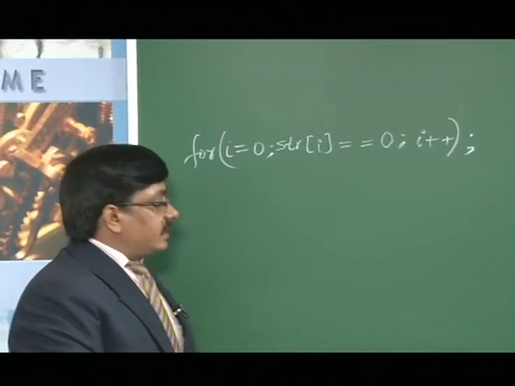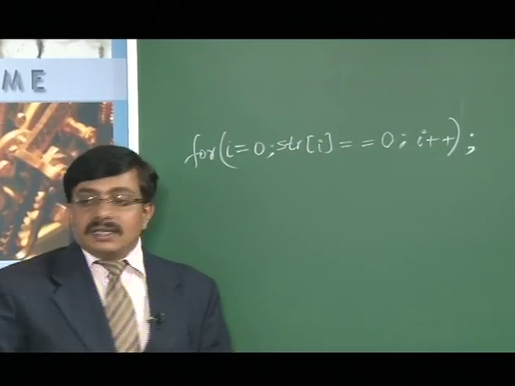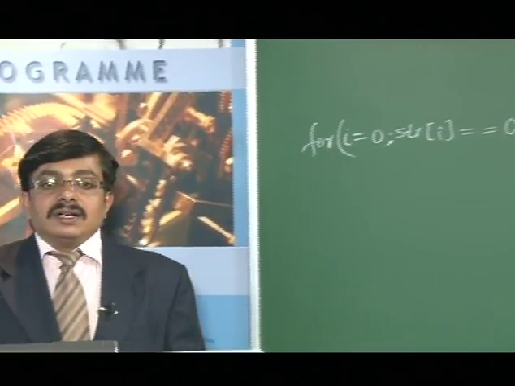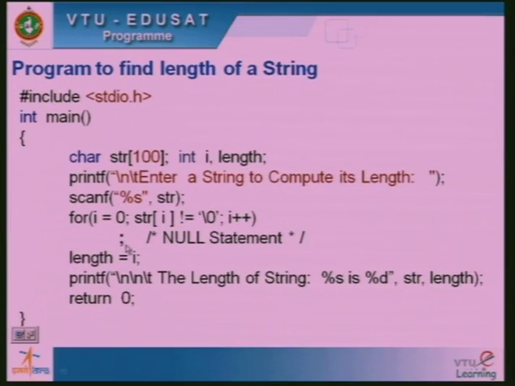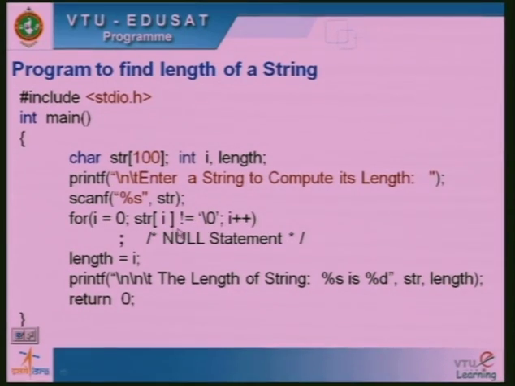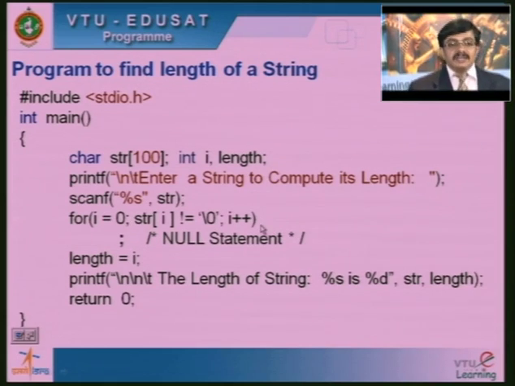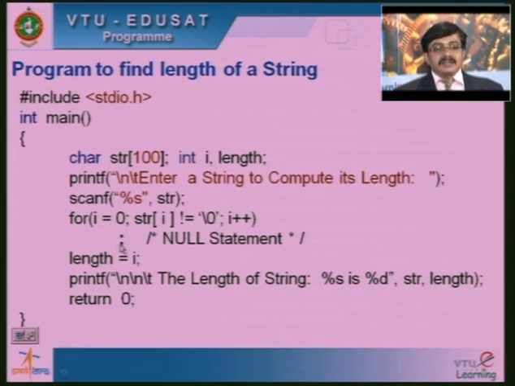The only reason I have taken this null statement, the do nothing statement, in the next line is to make sure that we are not ending the loop with a semicolon here. Normally when you use a looping construct, we do not end it with a semicolon. Since you are using this kind of loop for the first time, I am taking that semicolon into the next line to say that I don't have any valid statements in the body of the loop. I have just a do nothing statement, which we represent with a semicolon.